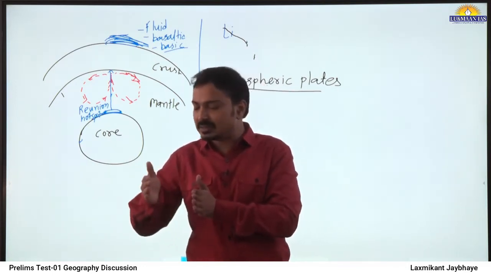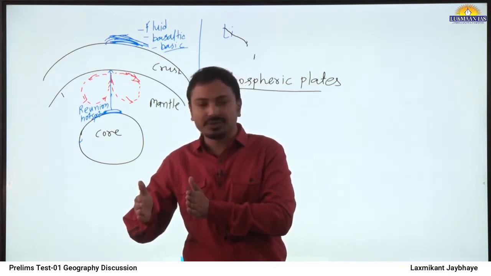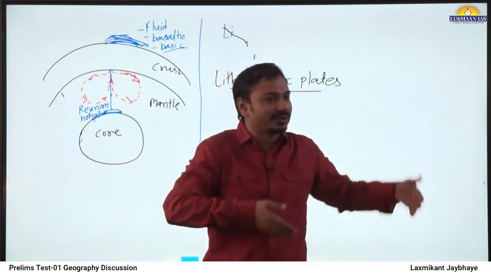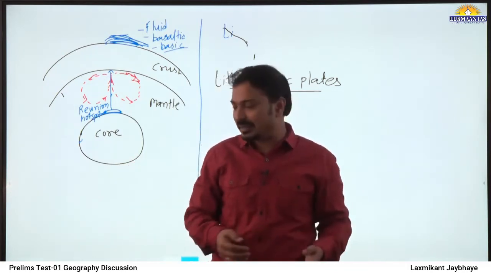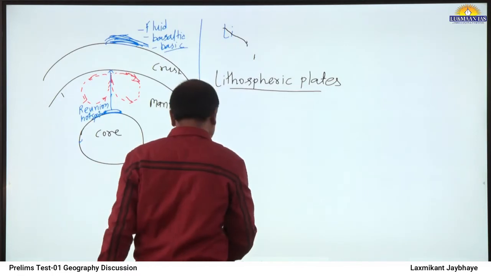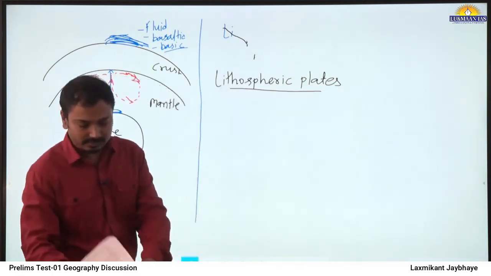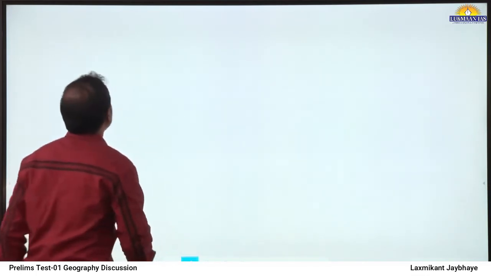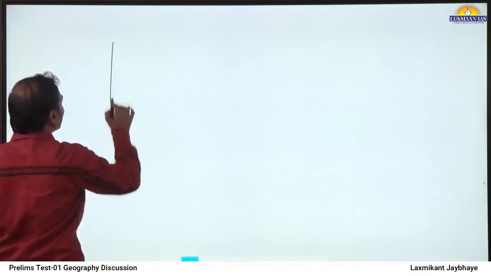Beyond that, up to certain distance, there is reverse polarity. So there are alternate bands of polarity of these rocks. Let me explain that to you, how it is formed. Okay, so suppose this is mid-oceanic region.